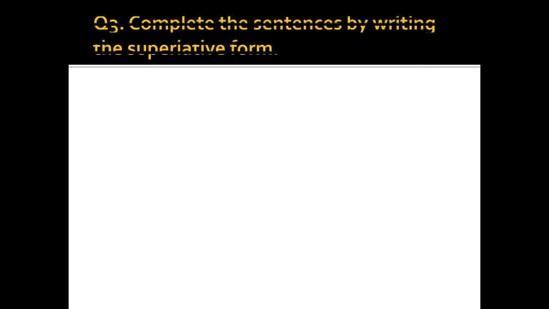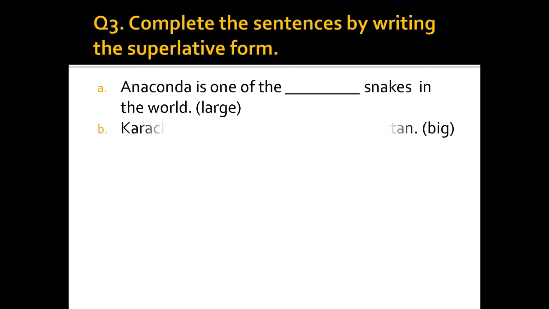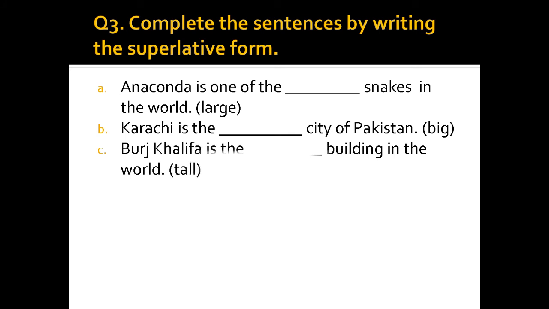Complete the sentences by writing the superlative form. Now see the first sentence. Anaconda is one of the dash snakes in the world. You can see in the bracket: large. Now see the B part. Karachi is the dash city of Pakistan. So class, you can see that in the bracket the adjective is big. Now see the C part. Burj Khalifa is the dash building in the world.